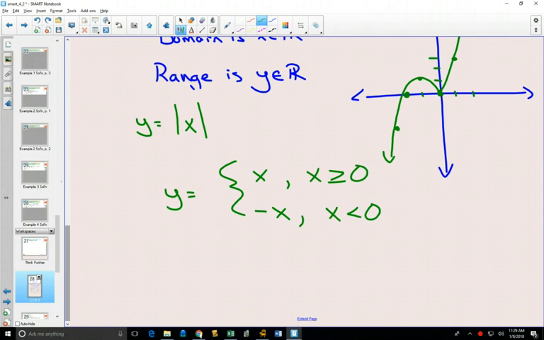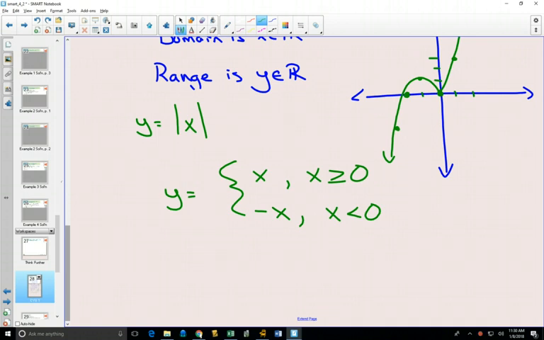One way we could show that is breaking it up into two parts, saying that when x is bigger than or equal to 0, it's just x, same thing as what you see inside. But when x is less than 0, like if it was a -5 inside those absolute value, you have to make it positive, and one way you could make it positive is by multiplying by a -1.